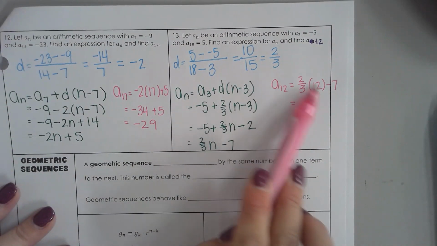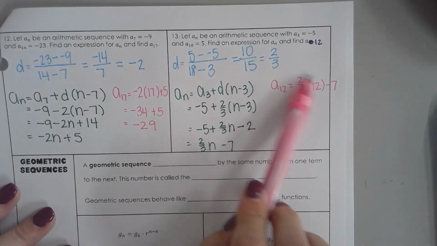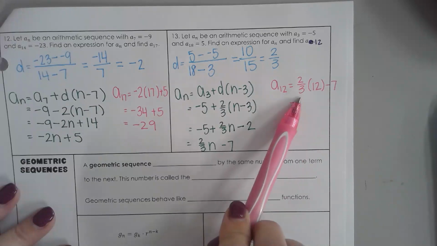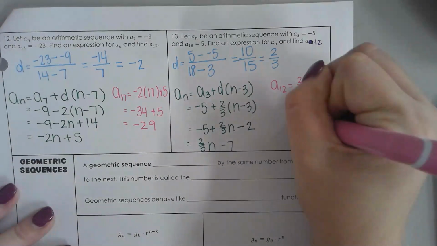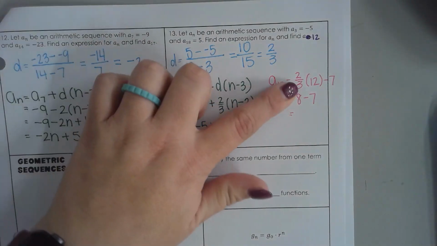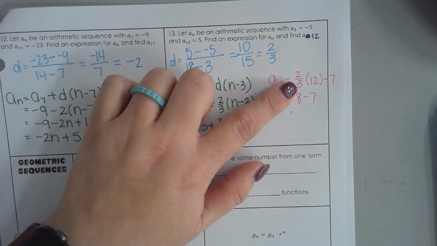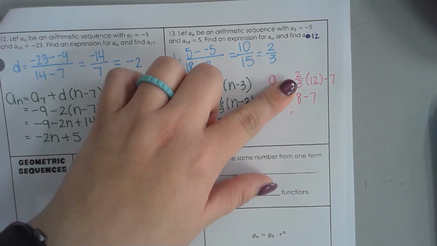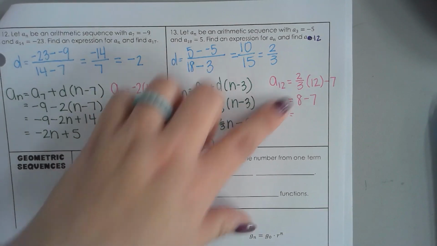Do 2 times 12 and then divide by 3. 2 times 12 is 24, divided by 3 is 8. I could see you having to do that without a calculator. When you're multiplying a fraction by a whole number, multiply that whole number by the numerator and then divide. Sometimes that's the easiest way to do it. Equals 1.